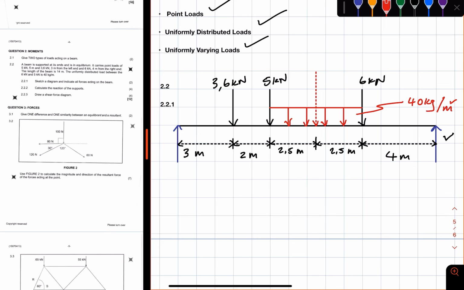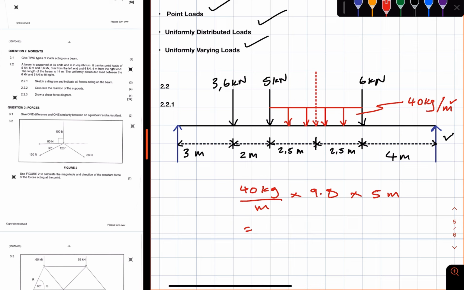So meaning you would have to say 40 kgs per meter times what? Times 9,8, right? And then times the span of the beam. The span of the beam is what? Is 5 meters. So 40 times 5 meters, right? Which gives us what?